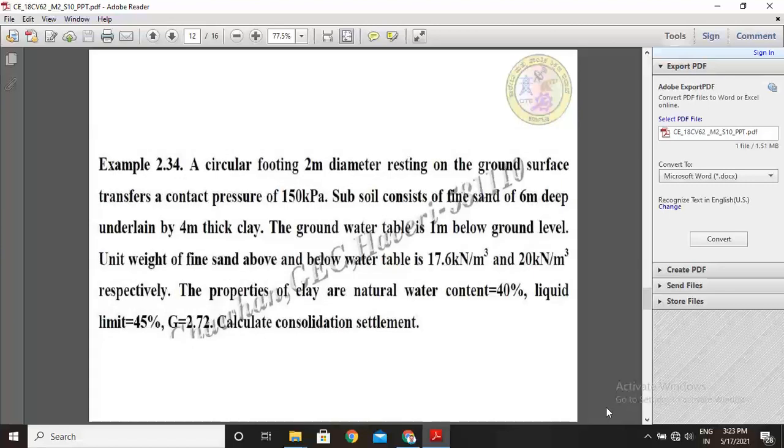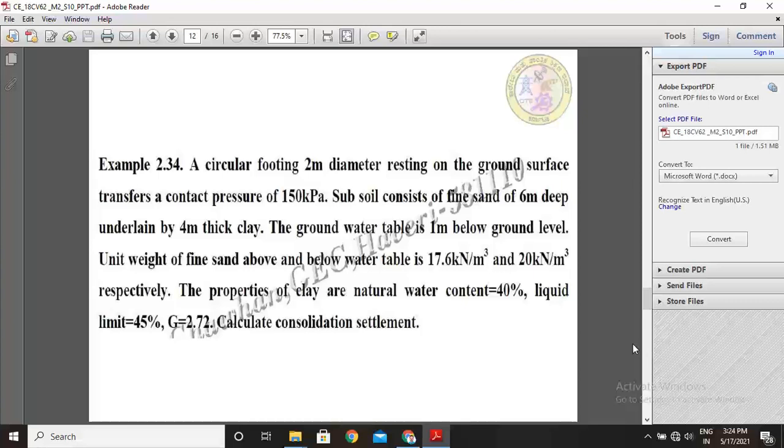Next problem. A circular footing 2 meter diameter resting on the ground surface transfers a contact pressure of 150 kPa. Subsoil consists of fine sand of 6 meter depth, underlain by 4 meter thick clay. The groundwater table is 1 meter below ground level. Unit weight of fine sand above and below the water table is 17.6 kilonewton per meter cube and 20 kilonewton per meter cube respectively.